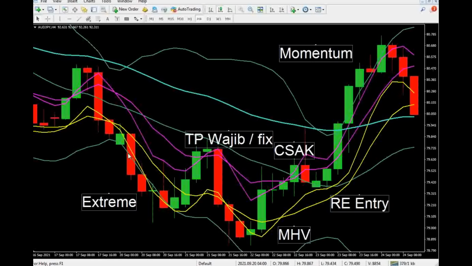So in this downtrend, we can see it is clear. After the candlestick closes out of the lower Bollinger Band, then the MA low also follows and moves out of the lower Bollinger Band. This is the second characteristic.